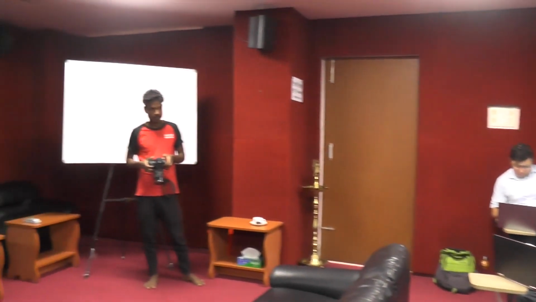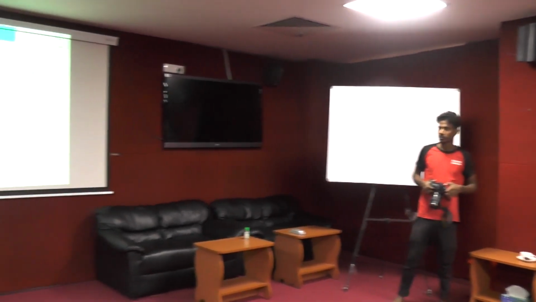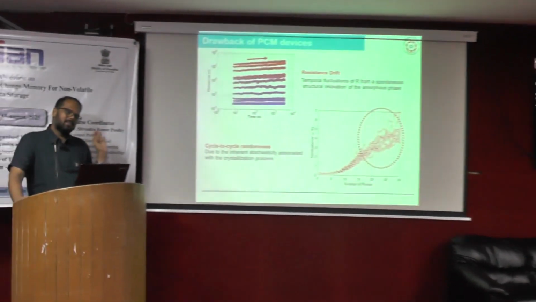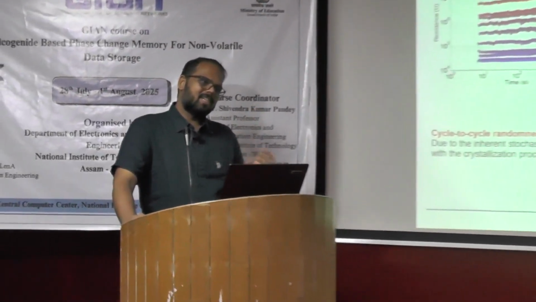How do you go about studying a PCM device in terms of its synaptic behaviors, potentiation or depression? See, potentiation and depression you can refer to as, in our memory terms, set and reset operations. If you are able to properly identify set and reset operations, then you can do this.